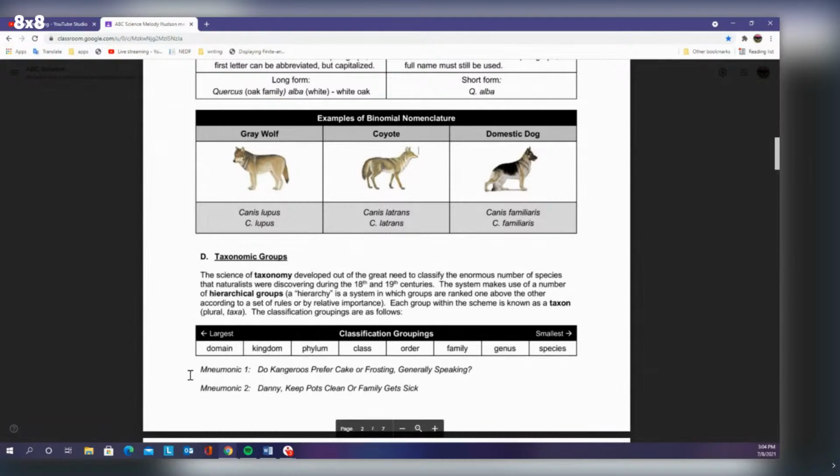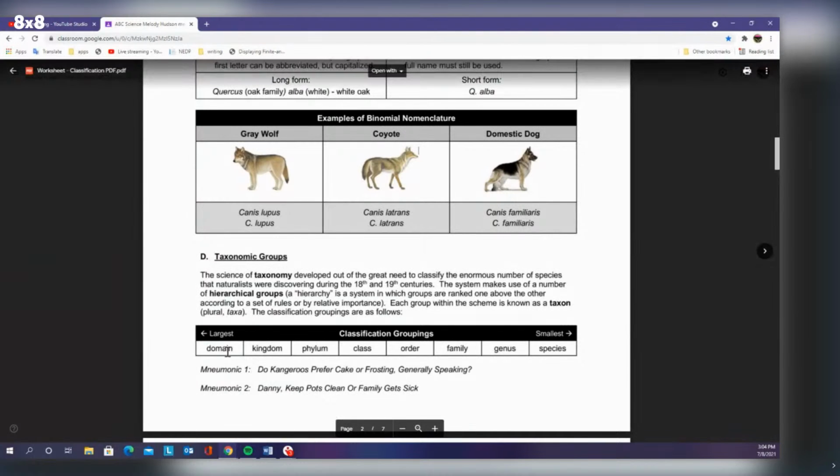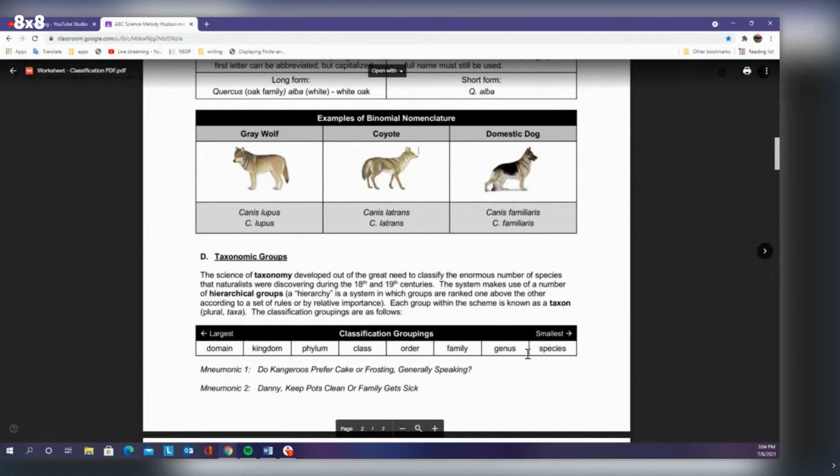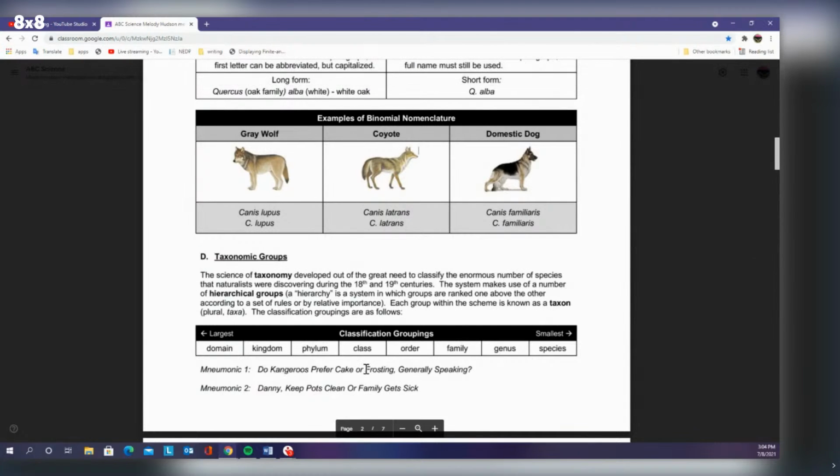Well, there are two word tricks, which is called a mnemonic. And I like number 2. Danny, keep pots clean or family gets sick. Here's another one. Do kangaroos prefer cake or icing, generally speaking?